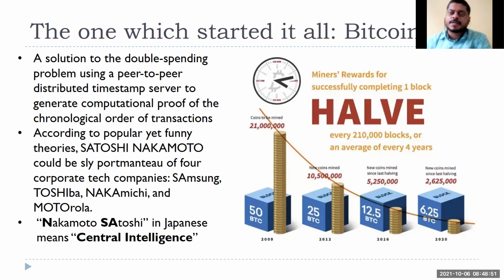It is not that they started now. From 2009 onwards, when the coin was created, the algorithm was written in such a way that every 4 years the mining reward which the miners get is halved. That is known as halving of the Bitcoin reward.